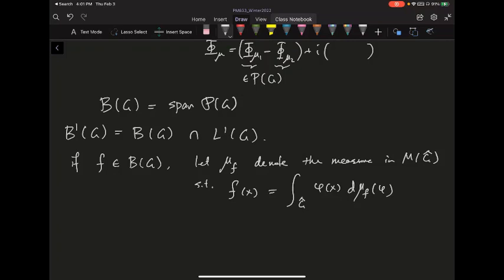So this f, you can think of a function in B of G as corresponding to some measure on M of G hat. The idea is that these functions in B of G or B1 of G are the nice functions, so their Fourier transform kind of recovers the function. That's essentially the first Fourier inversion theorem we're going to prove.